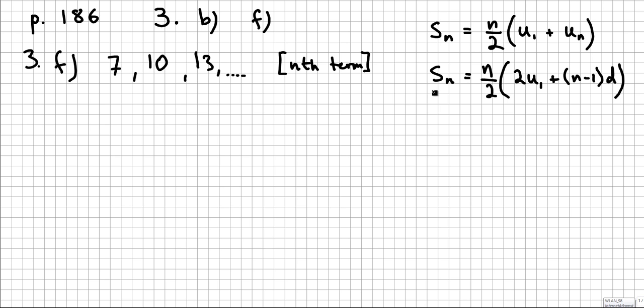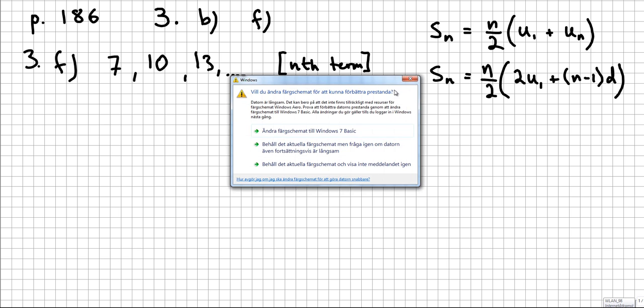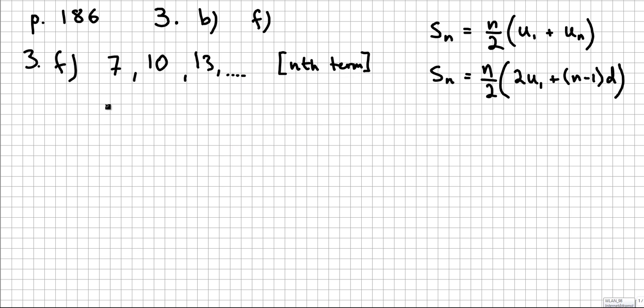So it's the same thing in this case. We're going to use the second one. So Sn is n. We're not going to decide what n is, so we have to do it in a general way.